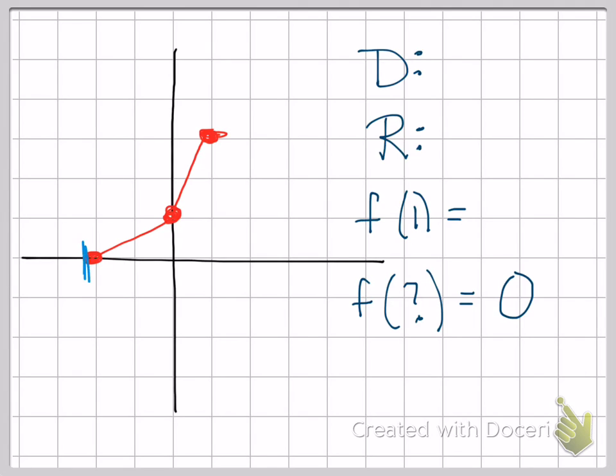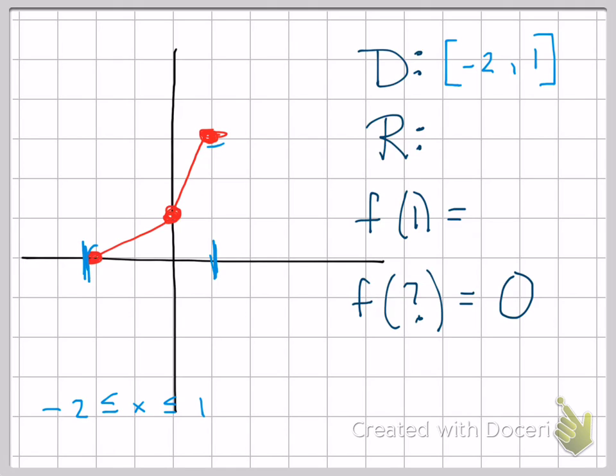So notice, if I'm going left to right, the x values that are hit are from -2 to 1. So last year we would have said -2 is less than or equal to x less than or equal to 1. So that's more Algebra 2. In pre-calc we use the function notation, so your final answer would say -2 to 1. And they both would have brackets because both of these dots are closed.